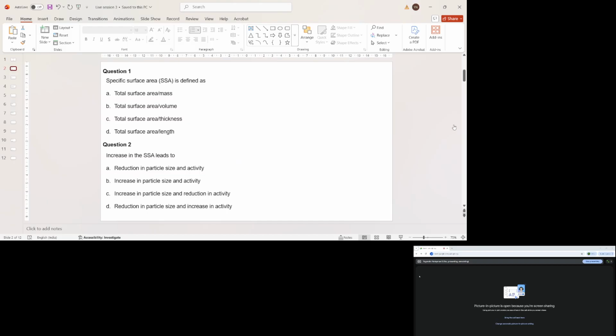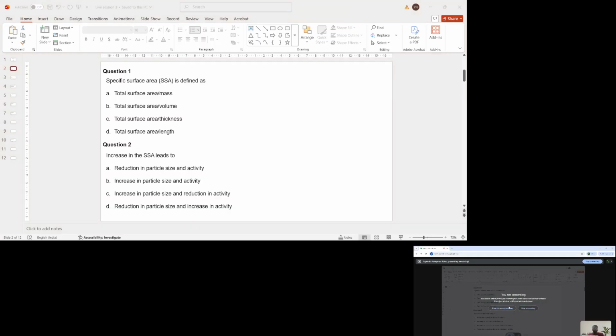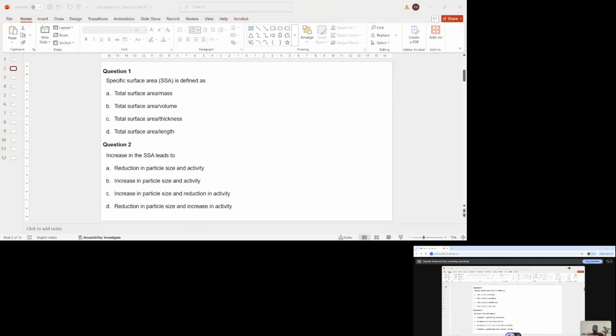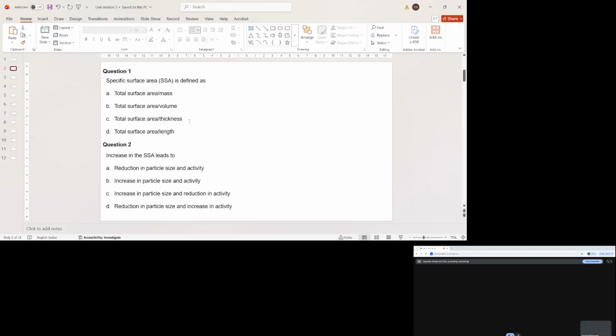The first question: the specific surface area, SSA, is defined as: option A, total surface area per mass; total surface area per volume; total surface area per thickness; and total surface area per length.